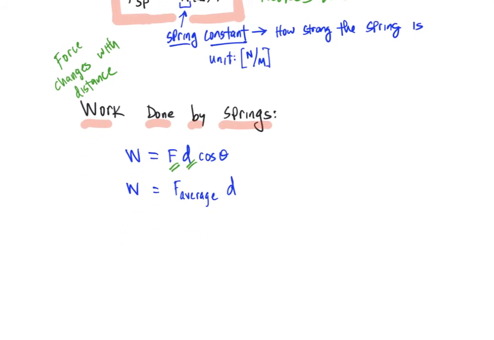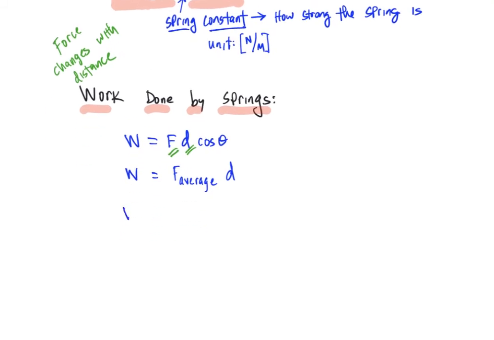And that's going to give me an equation that looks like this. The work done by a spring is going to equal 1/2 k x squared. Again, I haven't derived that for you. I'm not going to spend the time right now going into that in any great detail, but this is now an equation that we can use for calculating the work done by a spring.